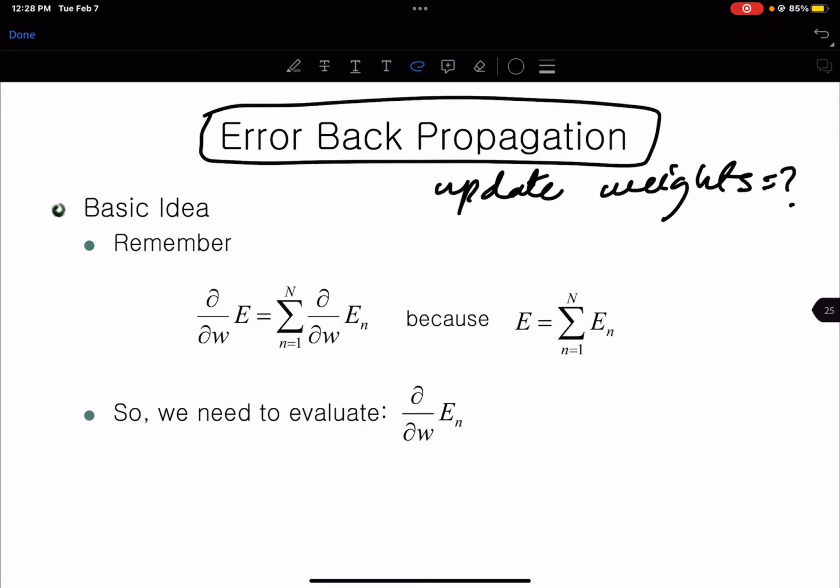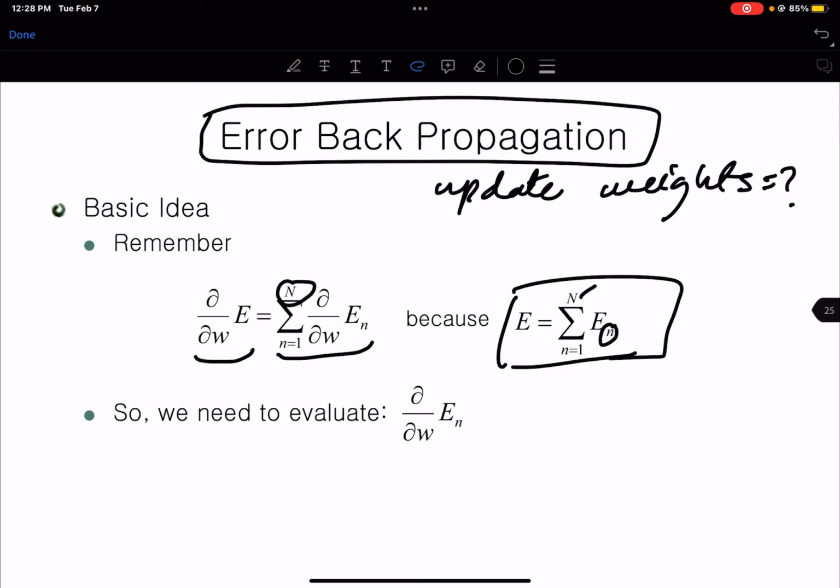The partial derivative of your error function with respect to the weight values is the sum of the error functions from 1 to n, where n is the number of samples, because the error is the summation of all the errors from 1 to n data samples.